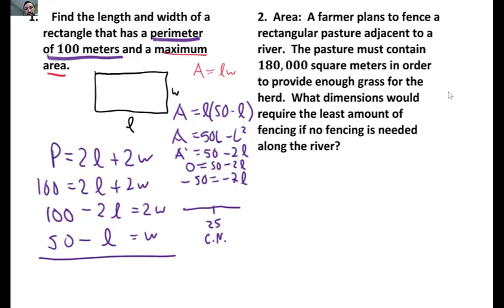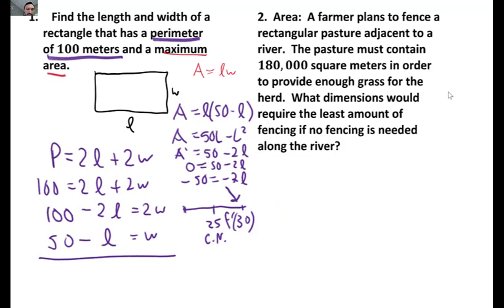Now we got to be careful here. Just because it's a critical number doesn't guarantee that it's a max or a min. It probably is going to be the maximum value here because I don't have many other options. But we should still go ahead and test around it. So maybe test 30 into the first derivative, and that would be a negative number, so decreasing.